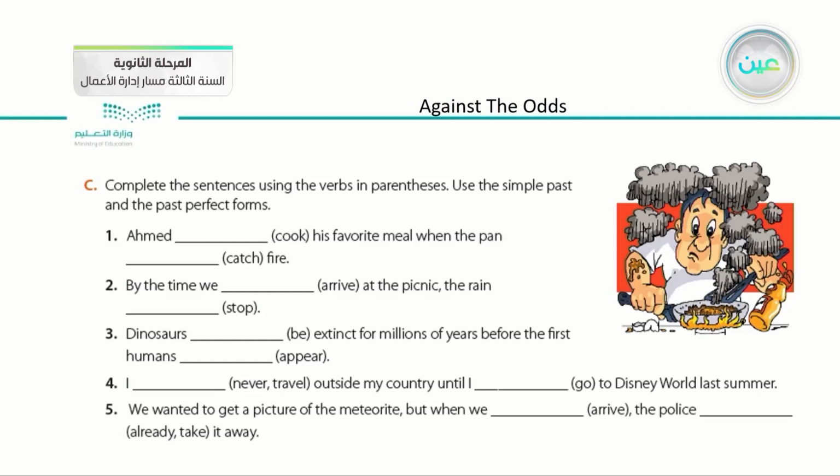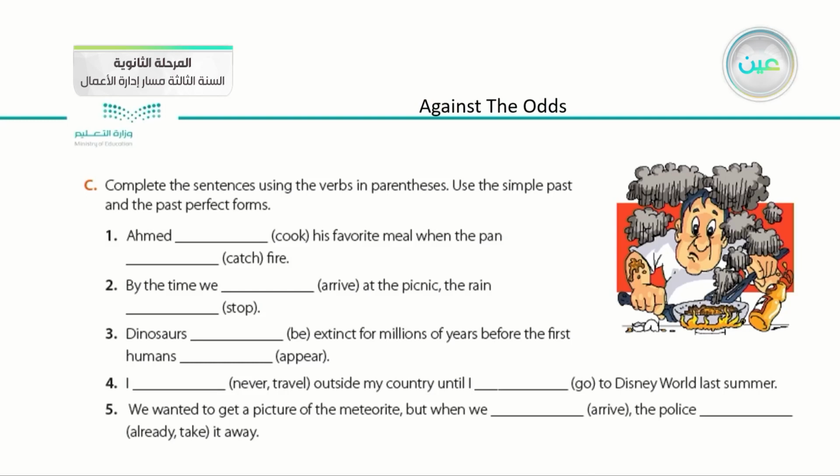So here we have 5 sentences and there is more than one action happening at the same time in each sentence. For example, Ahmed cook his favorite meal when the pan catch fire. We have just learned what is the proper grammatical rule to use when we have more than one action happening at the same time.